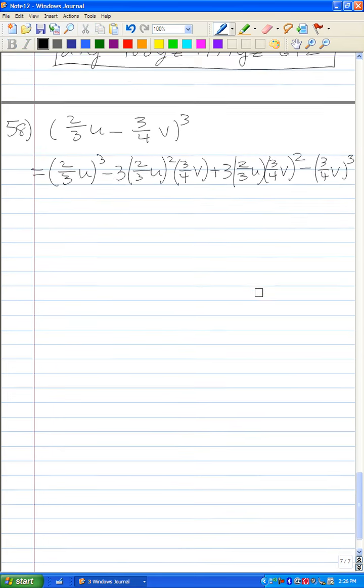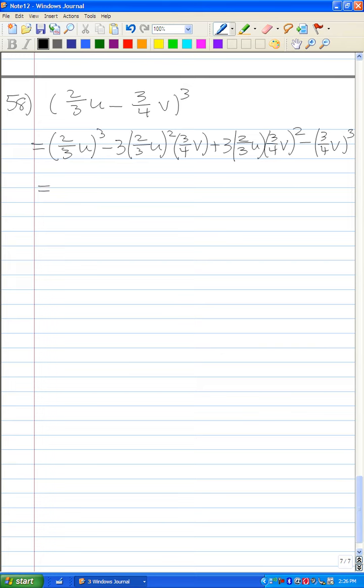So this is equal to 2 cubed, 8, 3 cubed, 27, u cubed. 3 times 3 is 9, 3 squared is 9, so the 9s cancel. 2 squared is 4, which cancels that 4, so you just get uv.